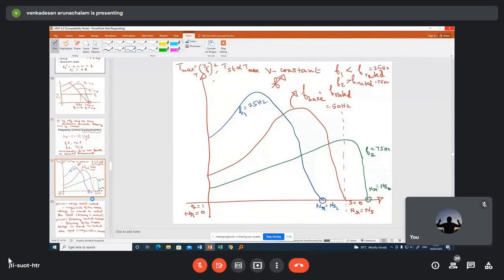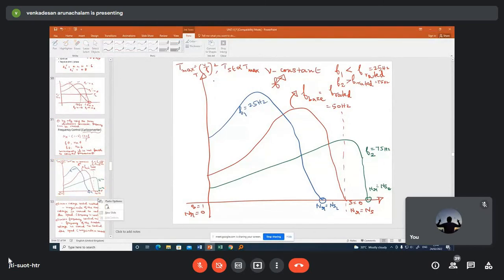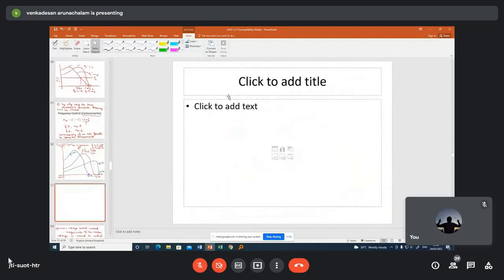Maximum torque keeps on changing. Starting torque keeps on changing. And the synchronous speed corresponding to various frequencies also is changing. That is the inference.